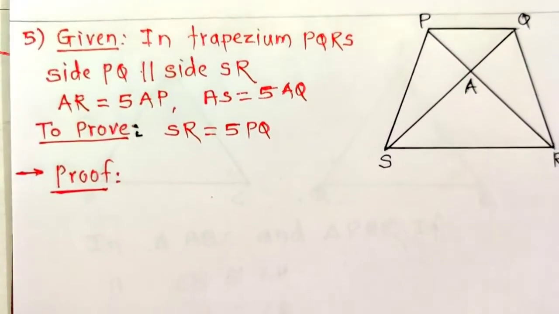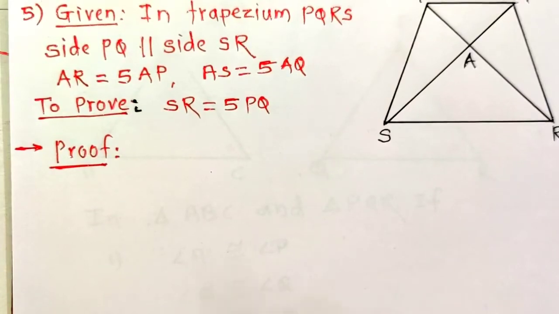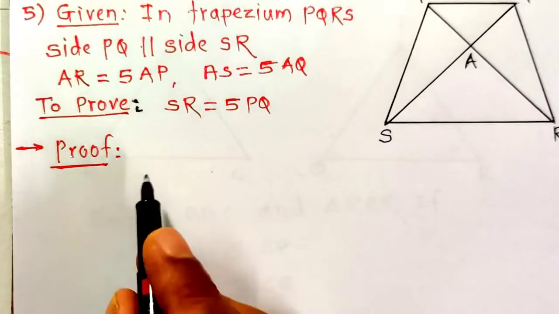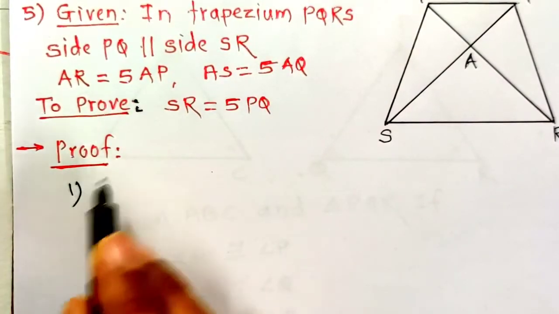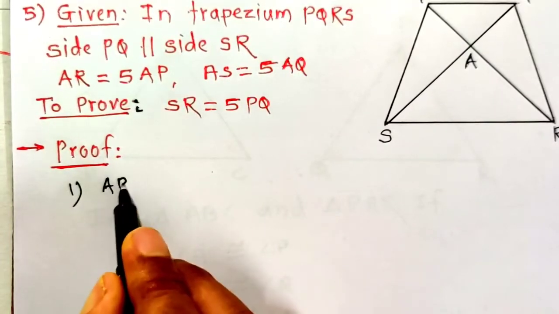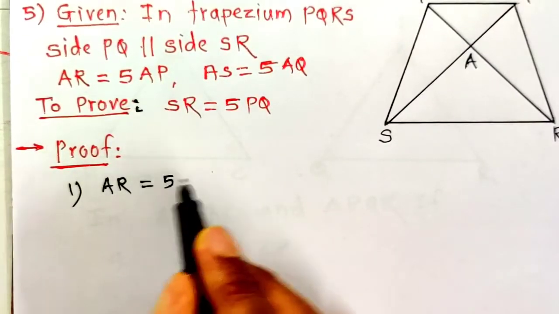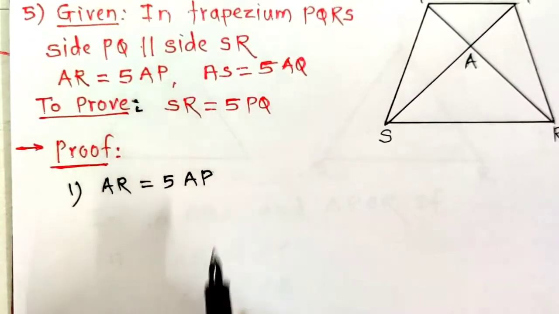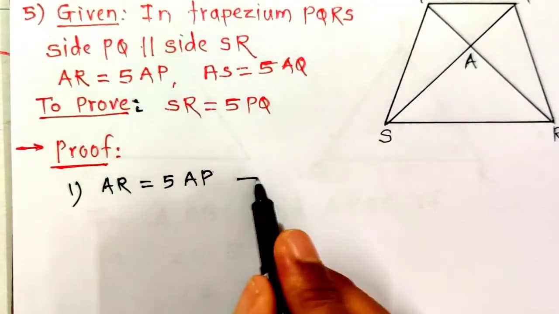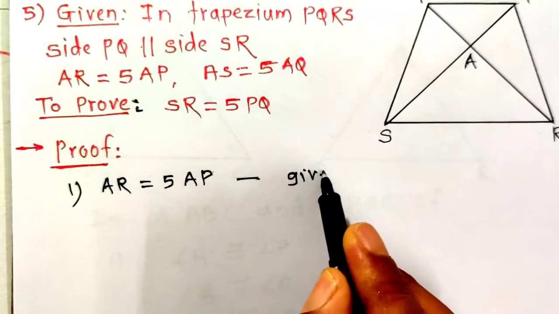Now how to prove? Let us see. First consider these relations. First step, AR is equal to 5 AP, that is given. Reason: given.